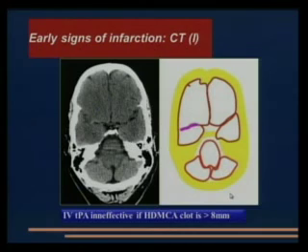The early signs of infarction in CT, everybody knows. One is the hyperdense sign. If the hyperdense sign is more than 8 millimeters, the therapy, the intravenous TPA, will be ineffective.